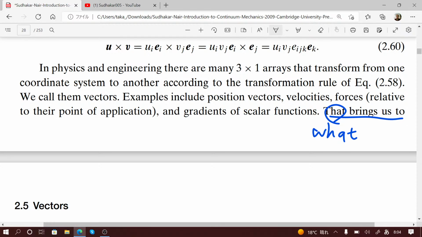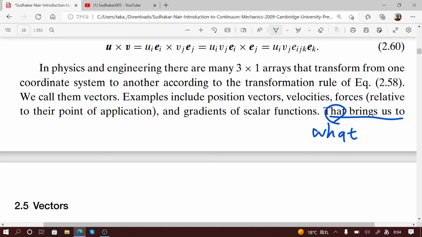A scalar function psi can be written as psi equals psi of x1, x2, x3. In a different coordinate system, using x_i equals q_ij x_j prime, we obtain psi of x1, x2, x3 equals psi of q_j1 x_j prime, q_j2 x_j prime, and so on, which shows that the functional forms of psi and psi prime are different.